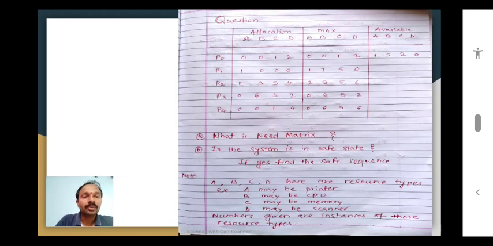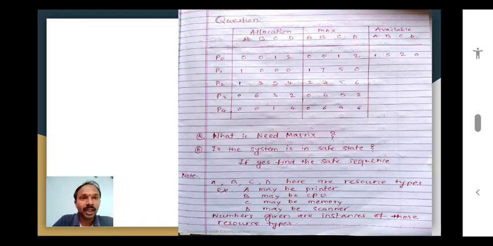Now here the question is given that there are 5 different processes: P0, P1, P2, P3, P4. Allocation is given for A, B, C, D. These A, B, C, D are resource types.